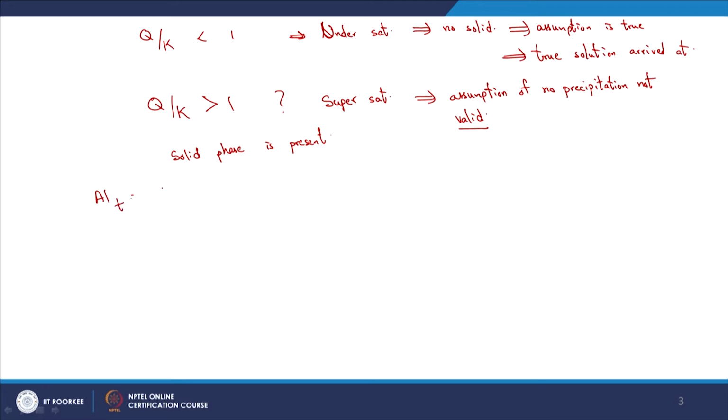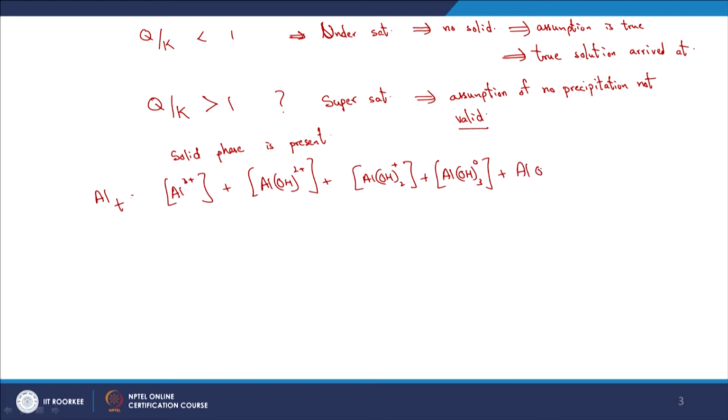So for example, how will that Al total change now? Al total earlier was the Al3+ concentration plus all the four complexes usually formed: AlOH2+, Al(OH)2+ with 1 charge, Al(OH)3, this is still the complex, 0 charge, plus Al(OH)4 with negative charge.